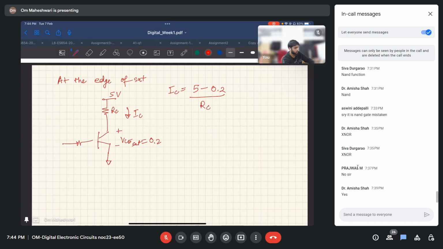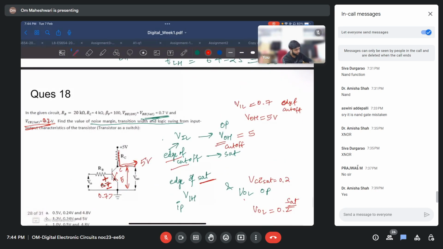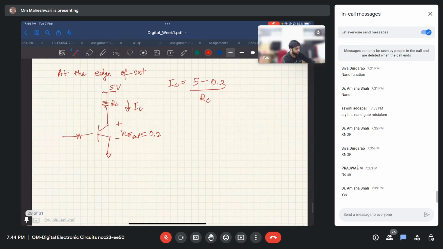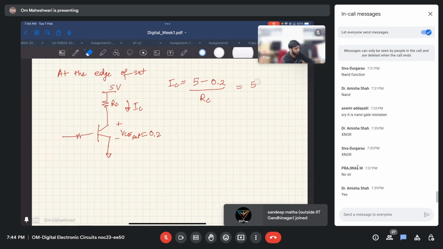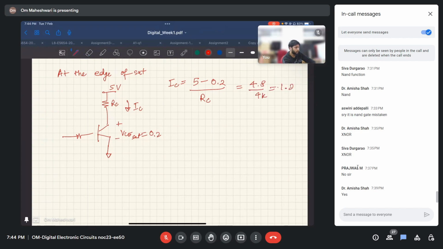RC is given, RC is 4 kilo ohms. 5 minus 0.2 is 4.8, divided by 4k is 1.2 milliampere, which is IC. Now IB equals IC by beta, that is 1.2 by 100, which is 0.012 milliampere.